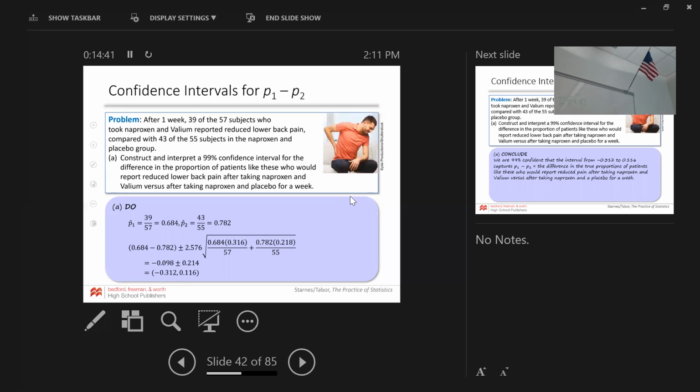But if the confidence interval goes from negative to negative, or positive to positive, then 0 is not in the confidence interval. And if 0 is not in there, there's a difference. You're 99% confident there's a difference in proportions. But in this case, 0 is in there. So 0 means there's no difference. And if it's in the confidence interval, we would fail to reject the null.